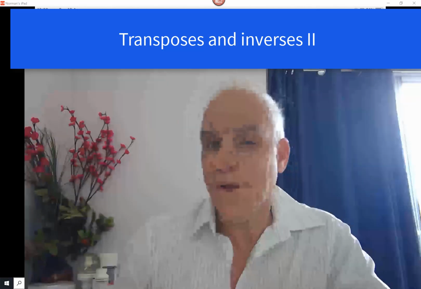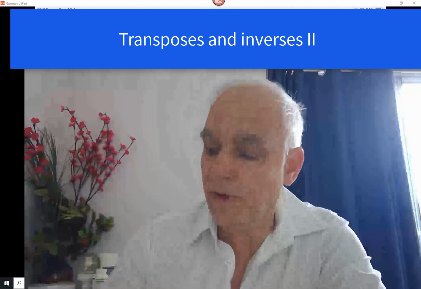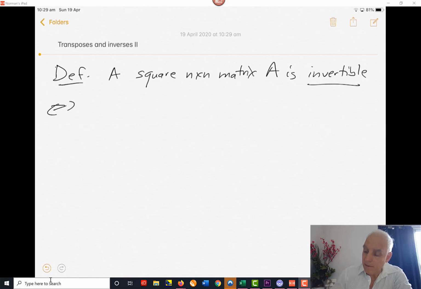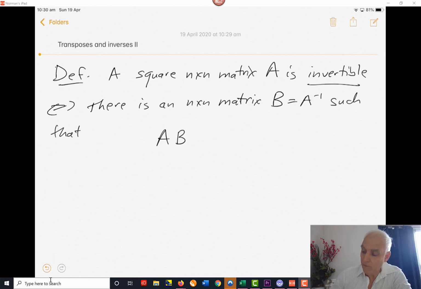However, the inverse story is a little bit more constrained, at least the way we're going to present it. So we'll make a definition: a square, say n by n matrix A is invertible if there is an n by n matrix B, which will be called A inverse, such that A times B equals B times A equals the identity matrix.